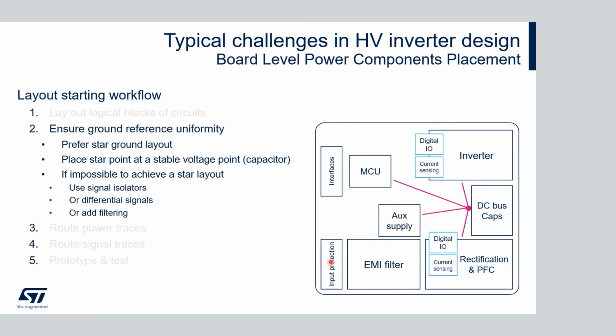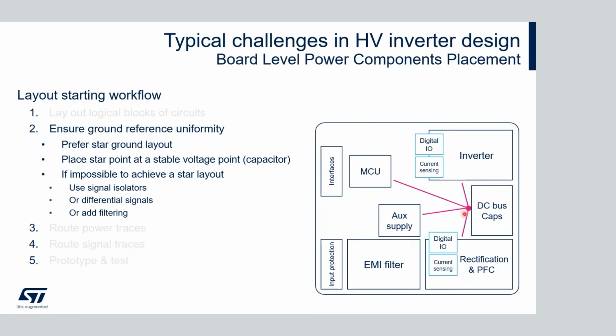And in my opinion, this is achieved well with a star grounding approach, which means that all these separate ground regions reference a single point on the PCB. This way you avoid ground loops, which are always a bad idea, and it's good to reference this point to a stable point on the PCB.